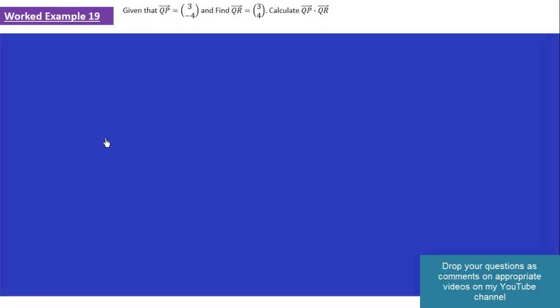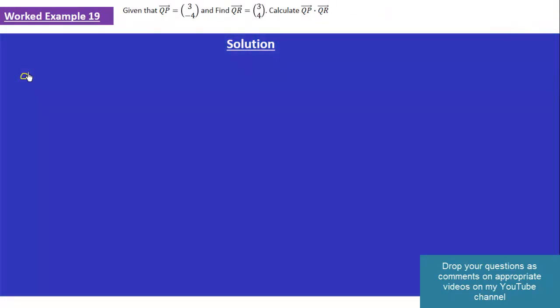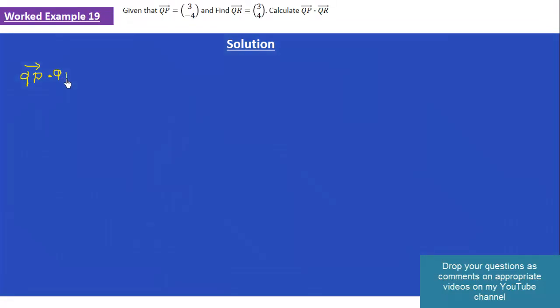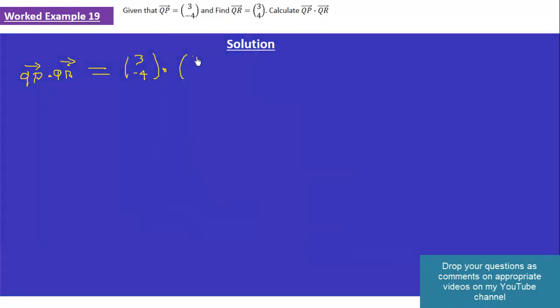Now let's take an example. We have QP equal (3, -4) and QR equal (3, 4). We are calculating QP dot QR. So we have vector QP dot QR equal to (3, -4) dot (3, 4).